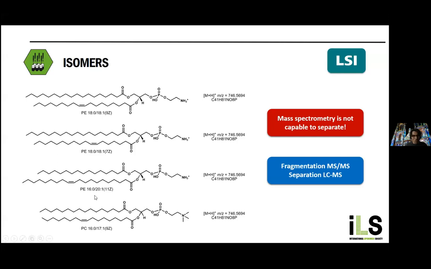PC and PE are isomeric, so you have just 3 additional carbons in the acyl chain, and they are missing at the amino group. But you already learned that we can use tandem mass spectrometry, because we get different fragmentation. We get a neutral loss of 141 for the PE, and we get a fragment of 184 for the PC in positive ion mode.